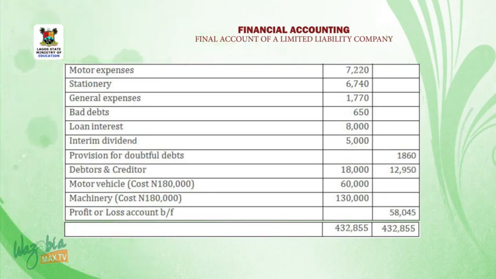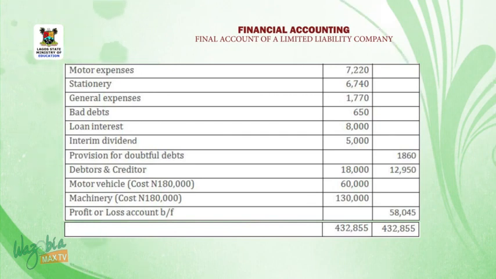Motor vehicle, in brackets, cost 180,000. 60,000 is taken down to the debit column. Machinery, in brackets, cost 180,000. 130,000 is taken to the debit column. Profit or loss account balance brought forward, 58,045.